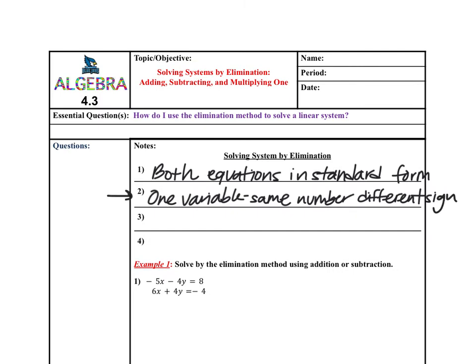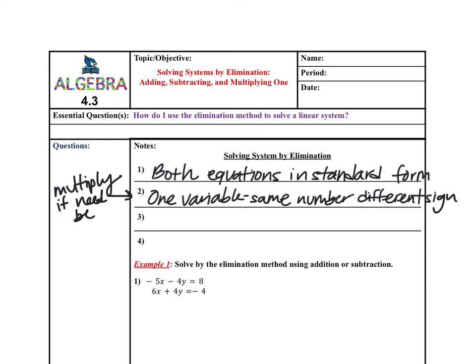I might put a note here: multiply if you need to. So if you look on this first one, see how the y's have negative 4y and positive 4y? We want them to be the same number, 4, but different sign. One number is negative, one number is positive.